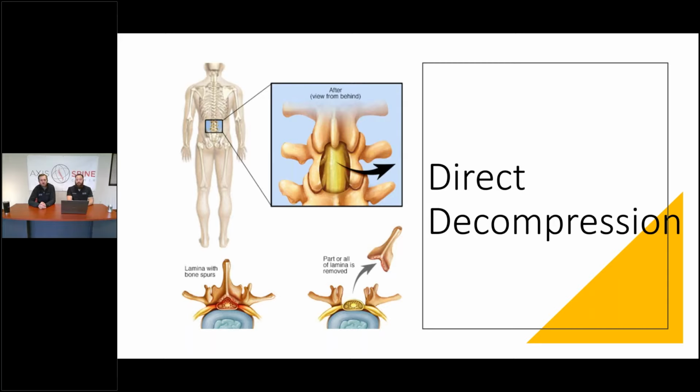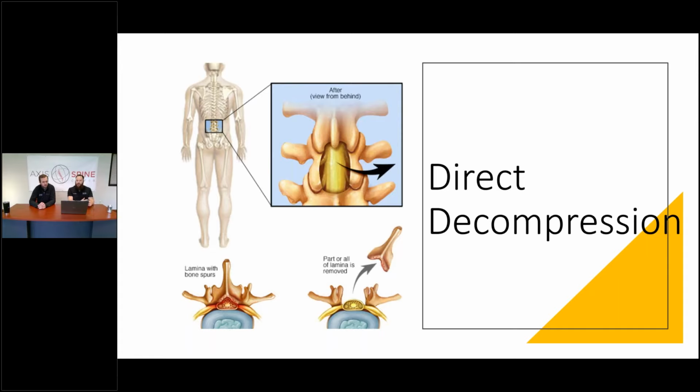Excellent. All right, our next question asks, if I've had 2 previous laminotomies, can injections help? Absolutely, and it depends on what's causing the continued pain. Sometimes when people have these surgical procedures, they'll follow up with their surgeon afterwards. They're still having pain. They're still having the symptoms that they had before the surgery.